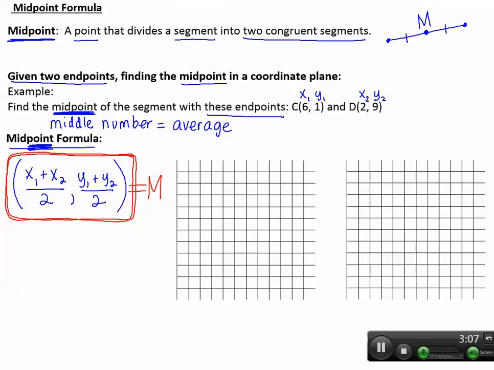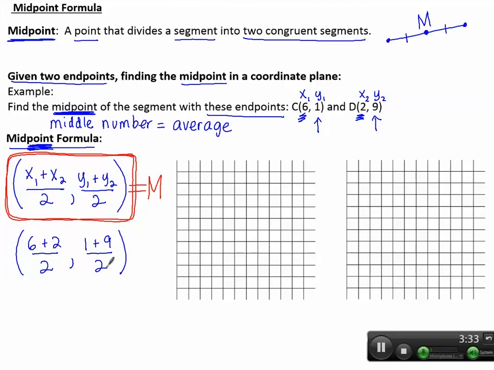Let's apply this to the points that were given. Here is our x sub 1 and x sub 2. So in my ordered pair, I'm going to write the 6 and the 2 being averaged: 6 plus 2 divided by 2. Similarly with the y's, the y is 1 and the other y is 9, so 1 plus 9 divided by 2.